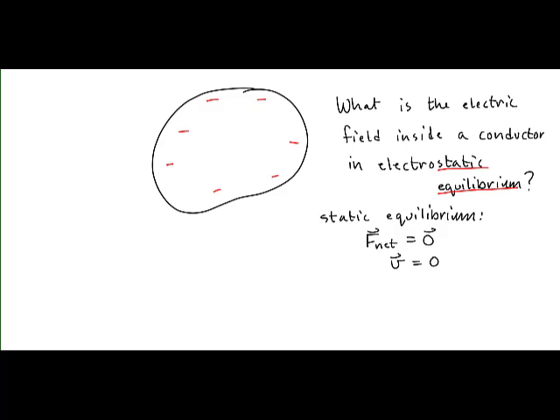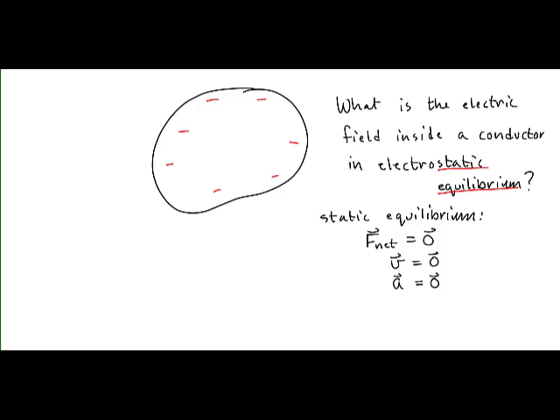So a stationary object with zero net force acting on it is considered to be in static equilibrium. Now remember, if it has zero net force acting on it, its acceleration is zero.